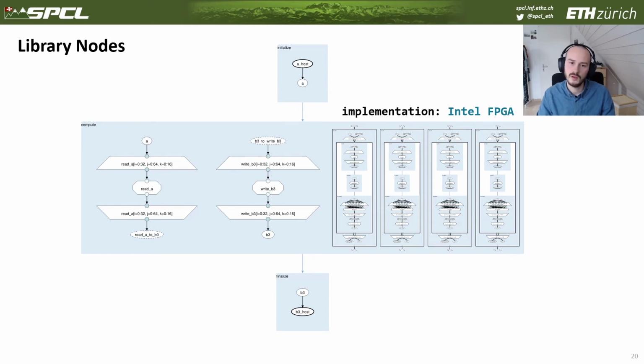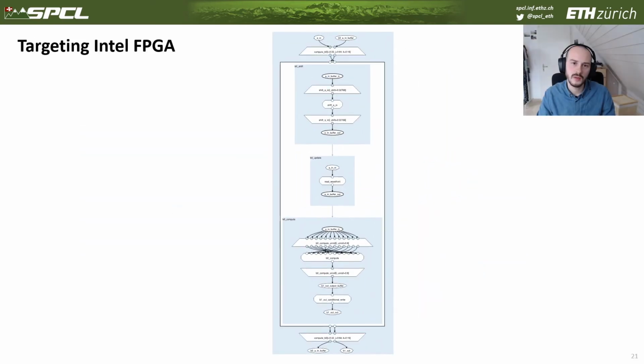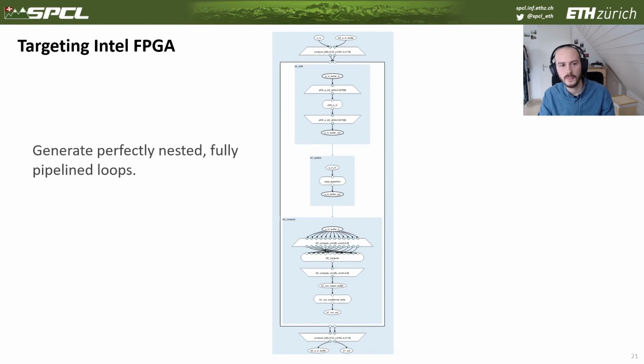Within each of these subgraphs, we have designed a specific implementation that targets Intel FPGAs, because we want to specifically target the things that will make this fast on an Intel FPGA. One of the important things we need to do is generate perfectly nested and fully pipelined loops. This makes sure that we get pipelines that run continuously throughout the design and don't have any extra buffering phases that don't perform useful computations.